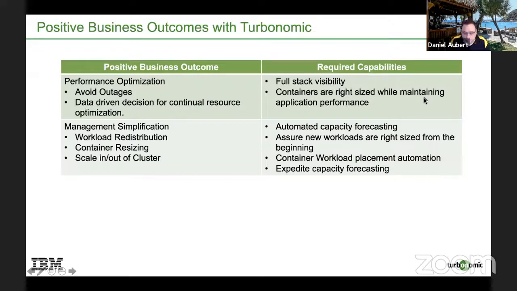And we've already talked about full stack visibility. We've already talked about container sizing, etc. So that's the dream. And I keep talking about the autonomous cluster is where we want to end up. Management simplification, workload redistribution. We've talked about this, getting the recommendation engine to do some of this work for you.